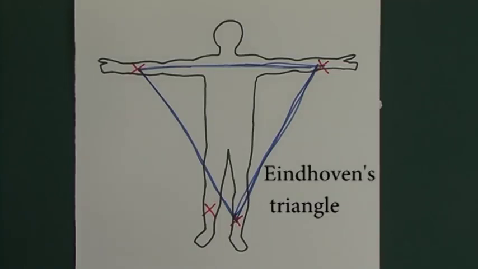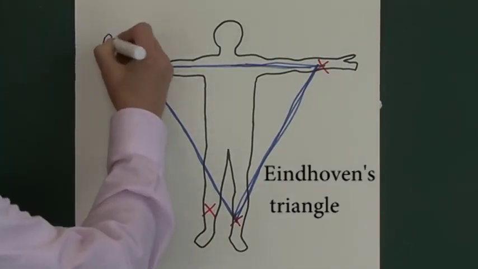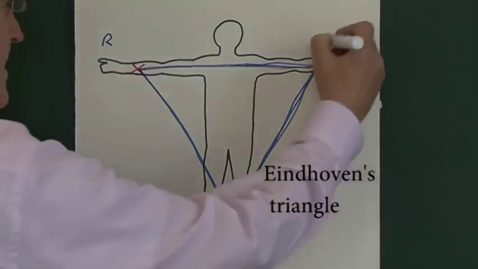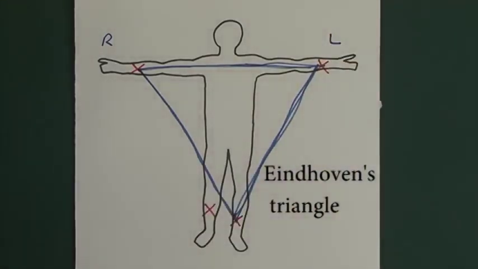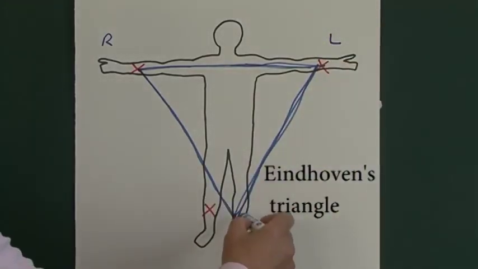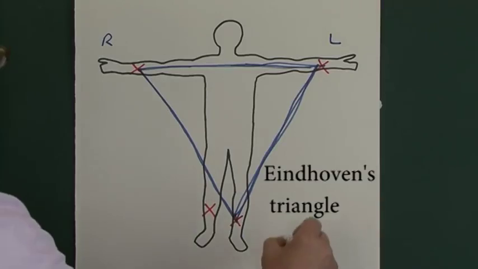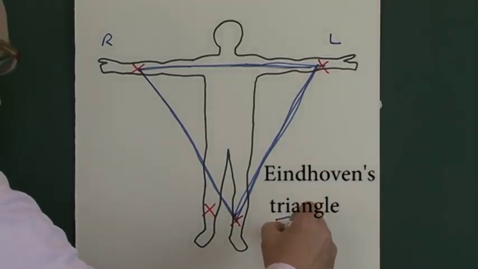And the reason for this is the electrode on the right leg is just an earth. It's not a detecting electrode, it's just an earth. So what we have here is an electrode on the right arm, an electrode on the left arm, and an electrode on the left leg, which we call the foot.